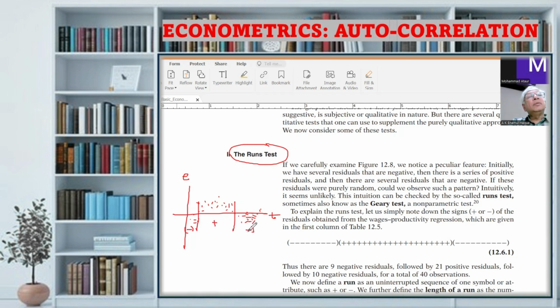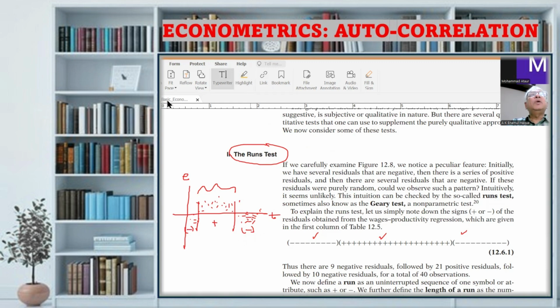After this, negative again. So negative, positive, negative, we see a pattern. If there's no autocorrelation, it should be negative, positive, negative, positive, negative, positive, negative, something like this. But now we see a pattern, a range within which it is all positive, a range when it is negative, another range which is negative. And that means the model has autocorrelation.